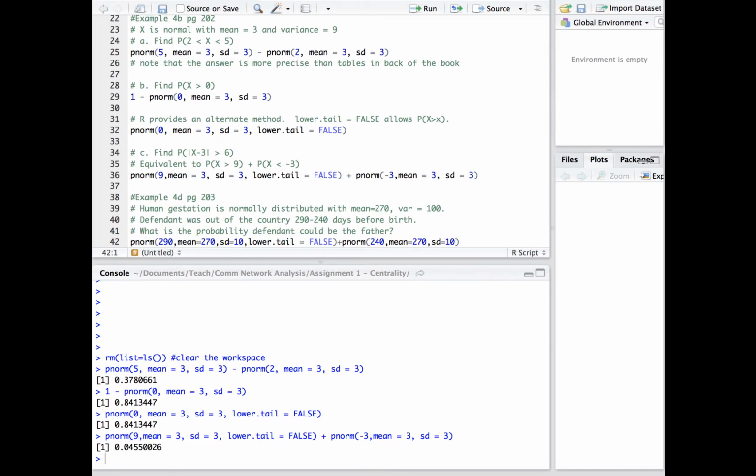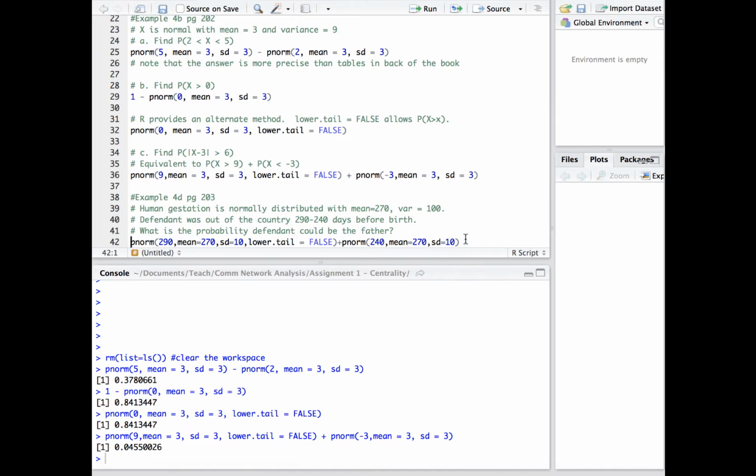Now we will use pnorm of 290. Here is the mean, 270. The standard deviation is 10 because, again, the standard deviation is the square root of the variance. And we are saying lower tail is false. So what is the probability that we could be greater than 290, plus the probability that he could be less than 240 days?